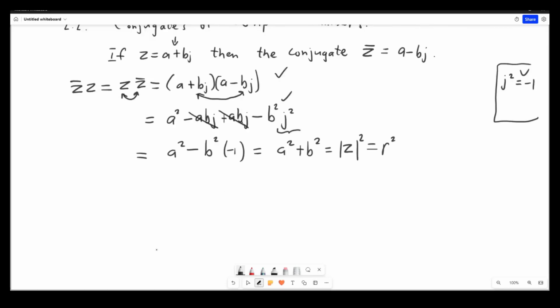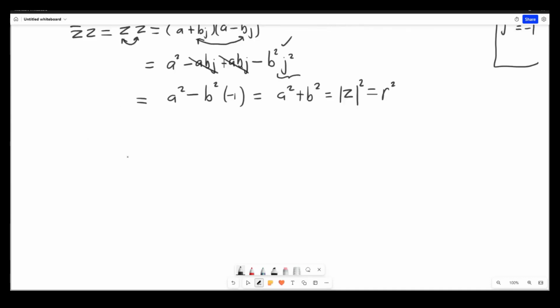But let us go on to an activity quickly. So let's try and get, for example, some conjugates of complex numbers. Activity 3. Let's look at activity 3, and let me just write down what they were asking there. For activity 3, they say write down the conjugates of the following complex numbers.